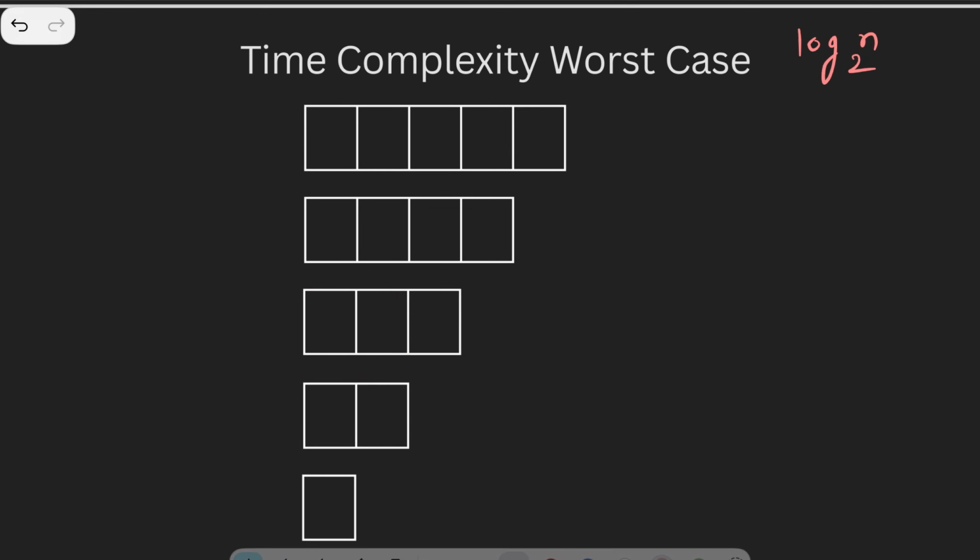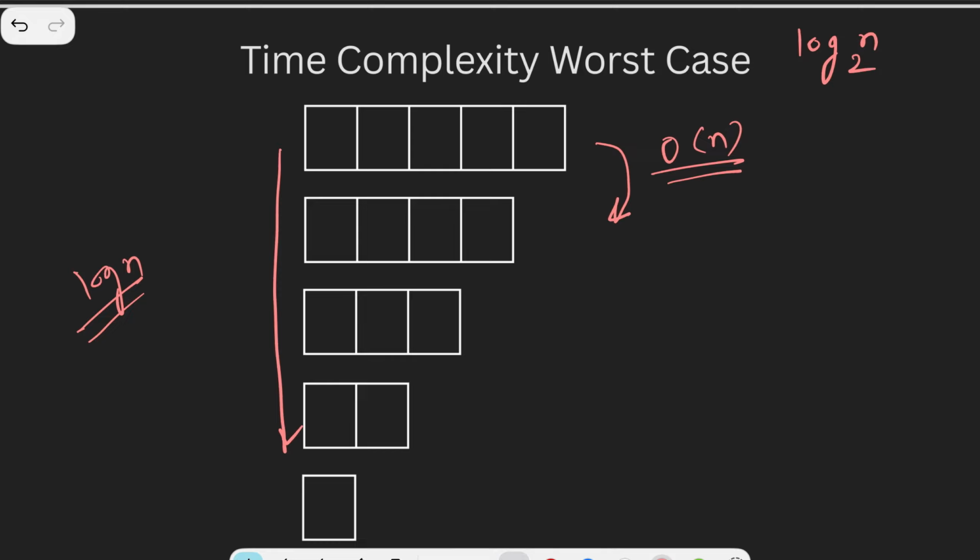To move from one stage to another stage, again here also we are using two pointer approach. So it will take O of n time. But the number of steps are not just log n. They are n. Look at this. At every single stage we are removing one element, correct? So total number of steps is going to be n.